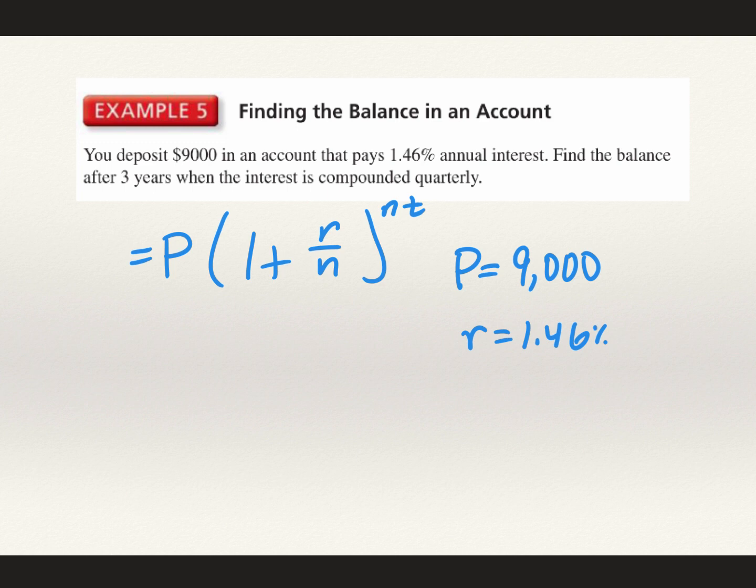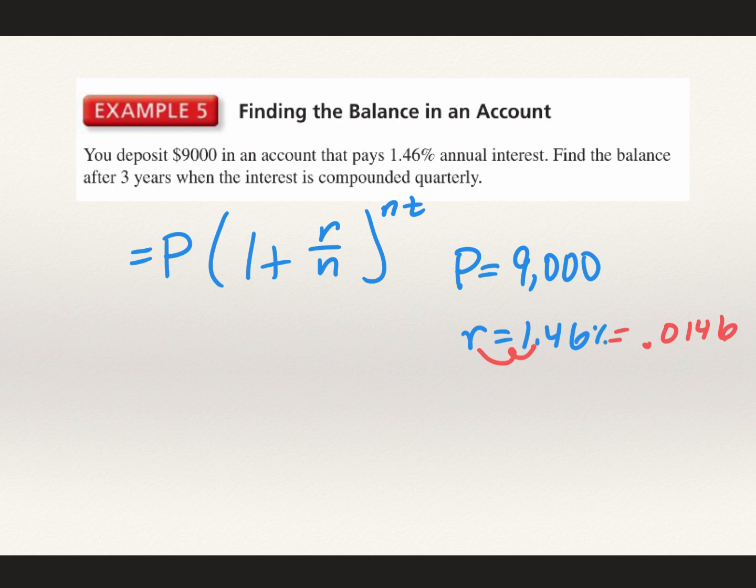It says an annual interest rate, so that's my R, 1.46%. Is that a decimal? No, it has a decimal point in it. I understand that. But it is a percentage. How would you change that to a decimal? We're going to move the decimal place where? To the left, 2. So what you're going to plug into your formula is 0.0146.